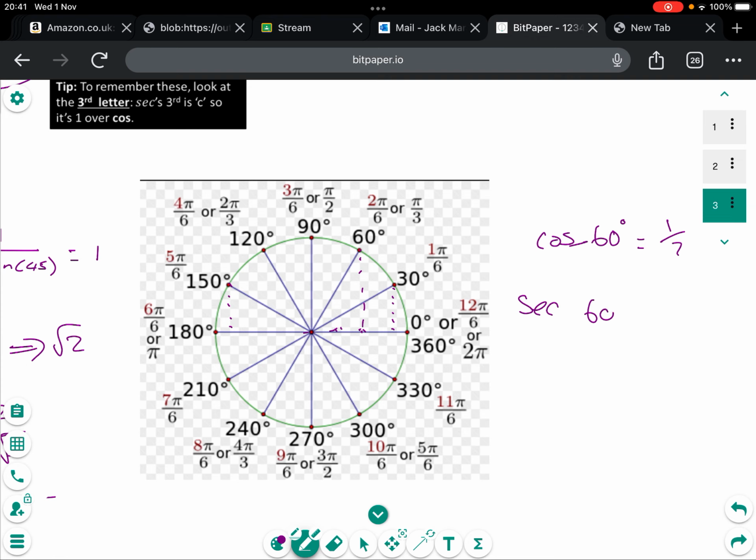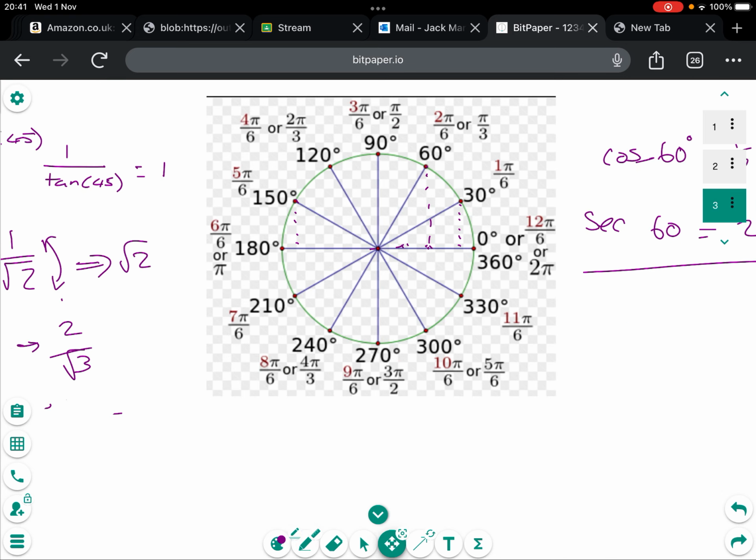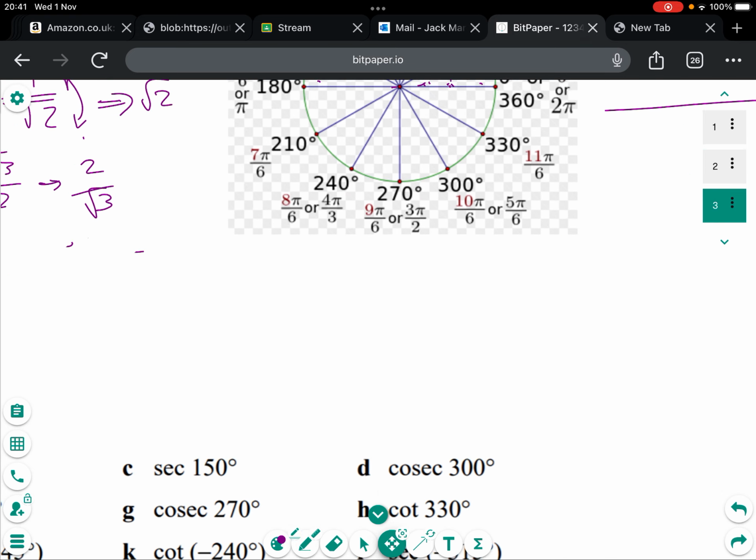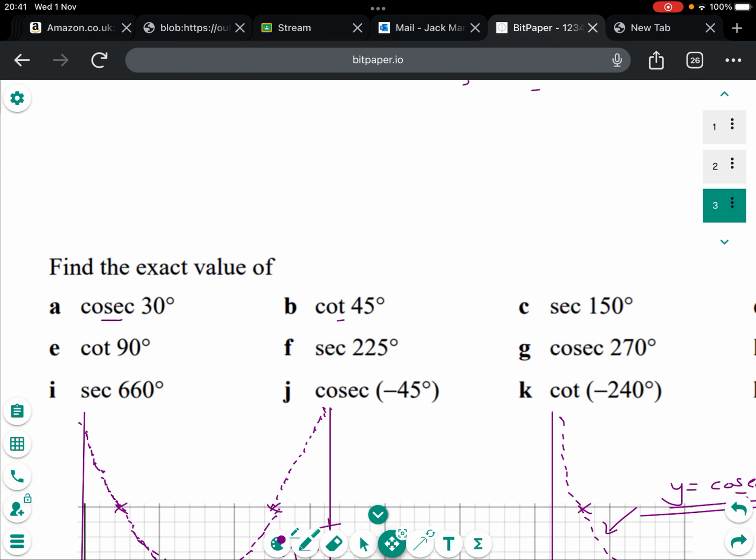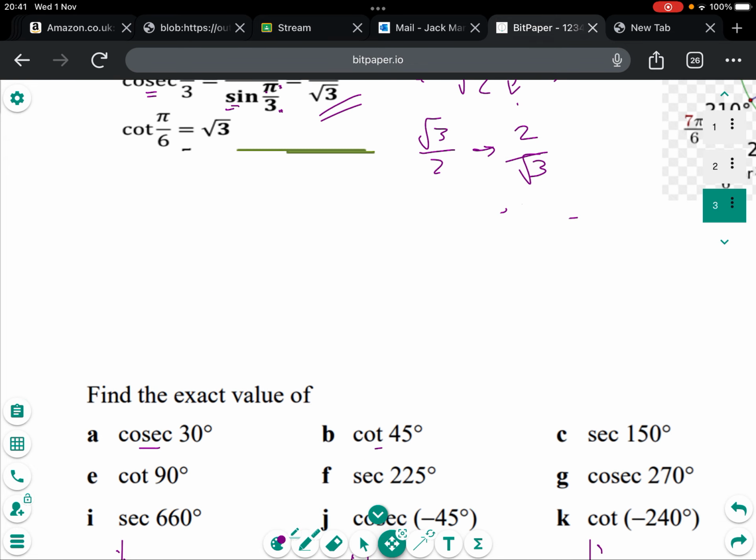Well, that would tell you then that sec 60 is 2. Okay, so all the stuff that we've done before is useful, and you're going to see that in the chapter. It's reflected in the chapter. A bunch more questions here for you to practice, and you would do sine of 30, turn it upside down, do the reciprocal. Tan of 45, do the reciprocal. Sec, do cos of 150, do the reciprocal.